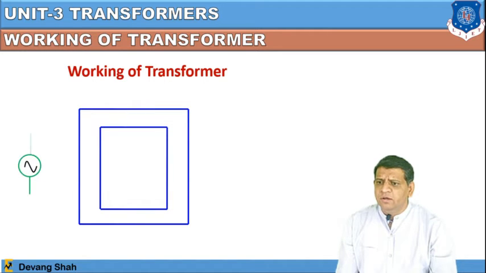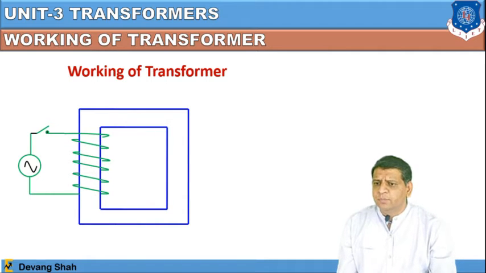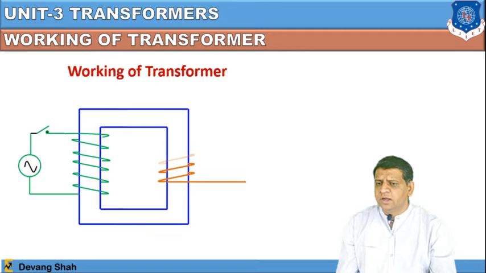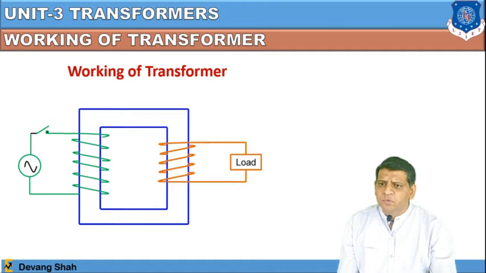So at one end you wind a specific coil, and that coil we define as a primary winding, which is connected with the source, and that source is an AC sinusoidal source with a switch in between, right? Now consider the other arm of this rectangular core, where you have connected a secondary winding. So always remember, the primary winding is connected with the source and the secondary winding is connected with the load, right?